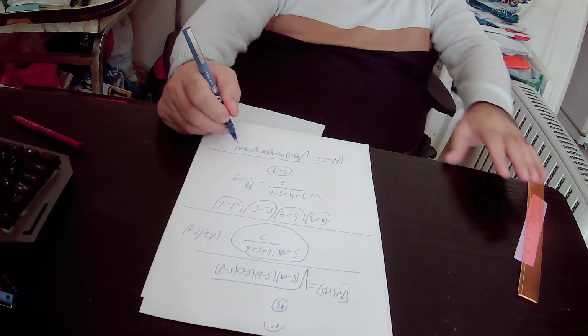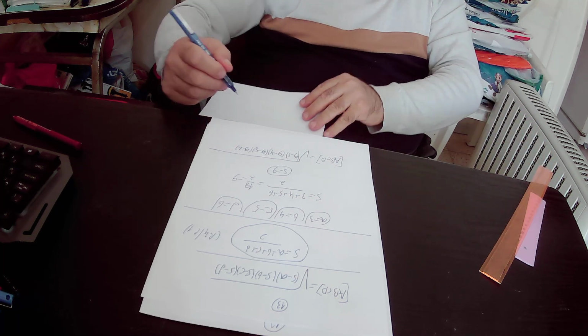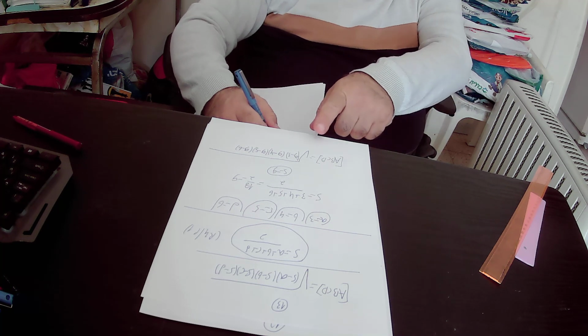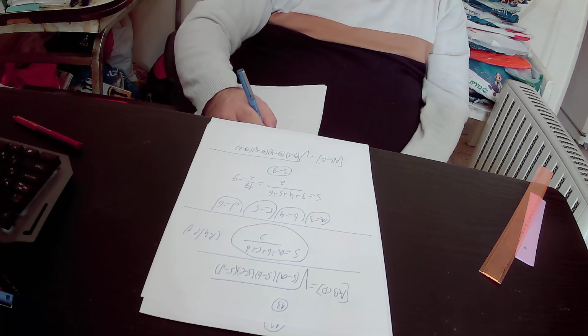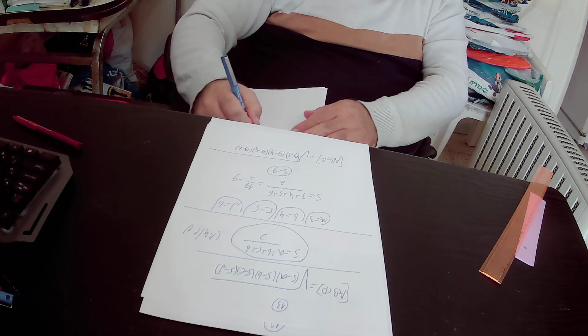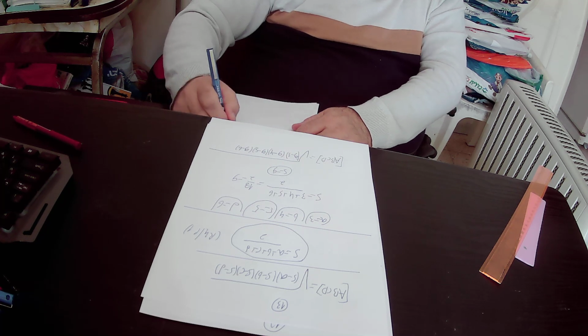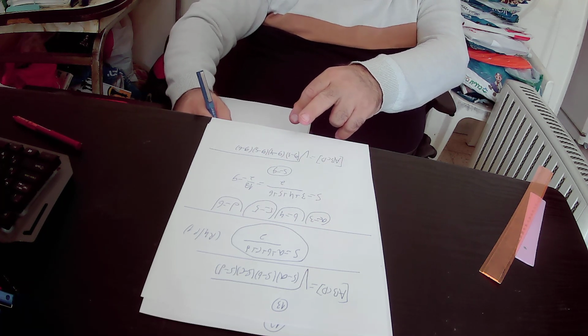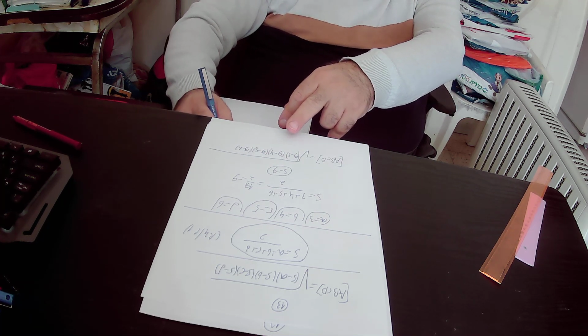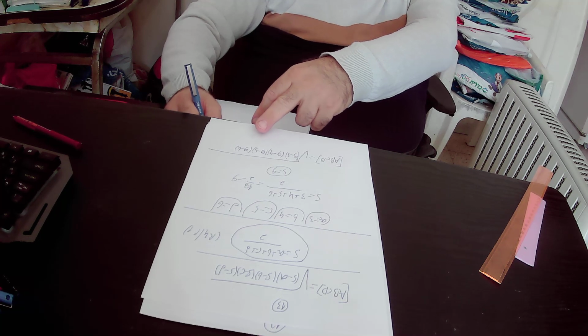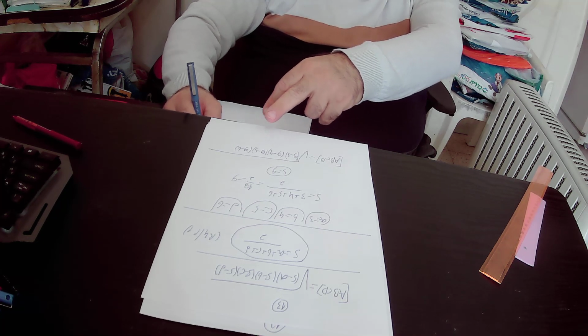So in total we got that the area of quadrilateral ABCD, according to this equality, equals the root of 9 minus 3 is 6, 9 minus 4 is 5, 9 minus 5 is 4, and 9 minus 6 is 3.